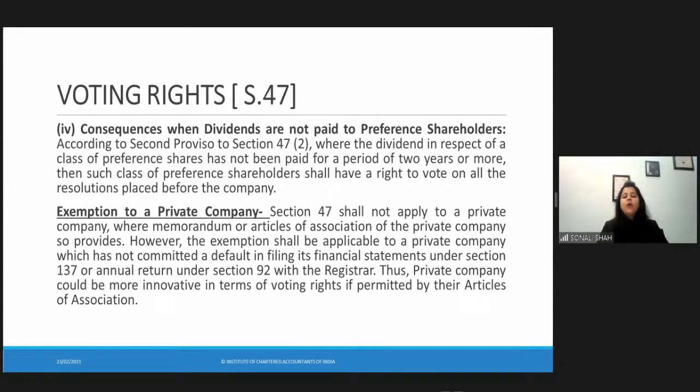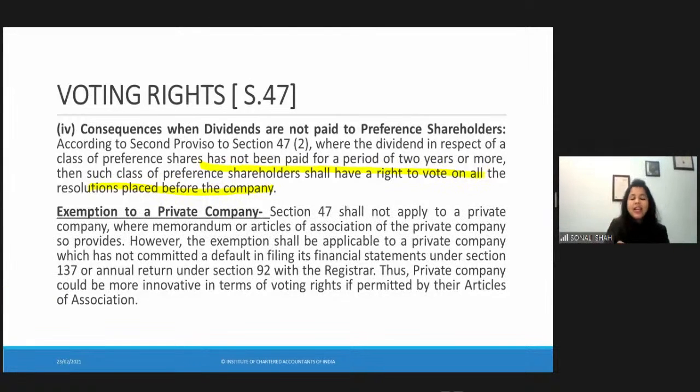Okay. Now, coming to the situation when dividends are not paid to the preference shareholders. We know that preference shares come with a fixed percentage or fixed amount of dividend. What will happen when the dividend is not paid in respect of preference shares for a period of 2 years or more? In that case, such preference shareholders will have the right to vote on all the resolutions placed before the company.